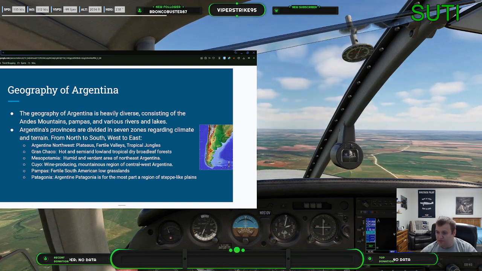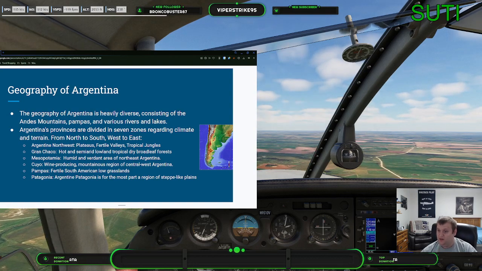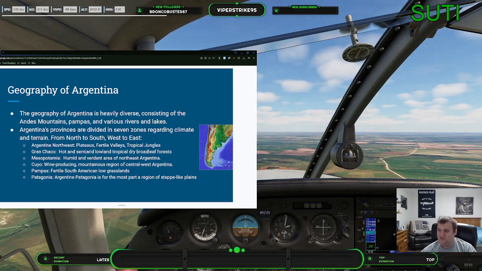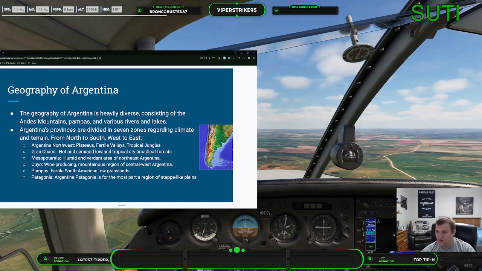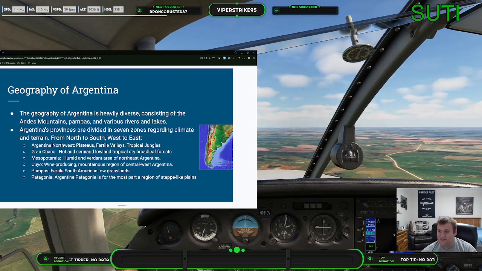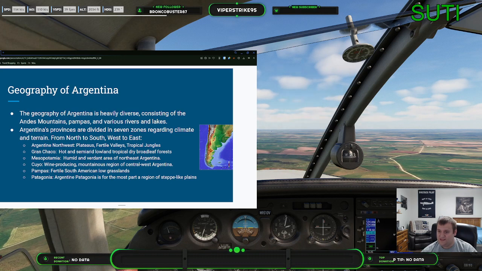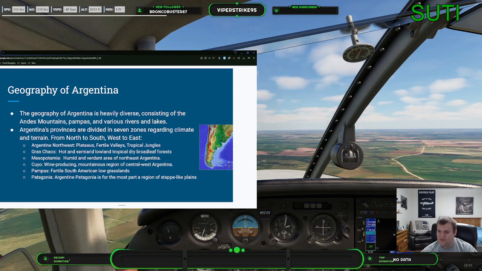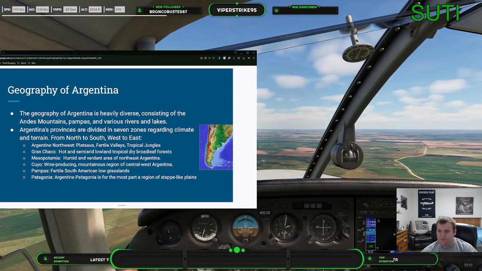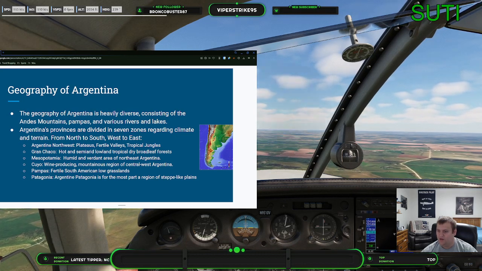So Argentina is split into quite a few regions. There are 7 zones in Argentina, depending on climate and terrain. From north to south, west to east, they include the Argentine Northwest, the Gran Chaco, Mesopotamia, Cuyo, the Pampas, and Patagonia.